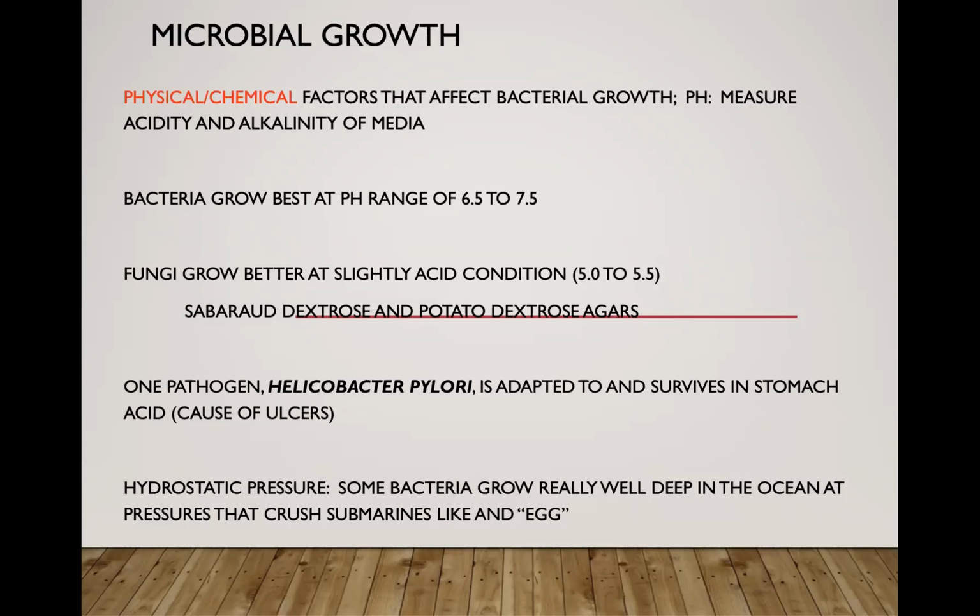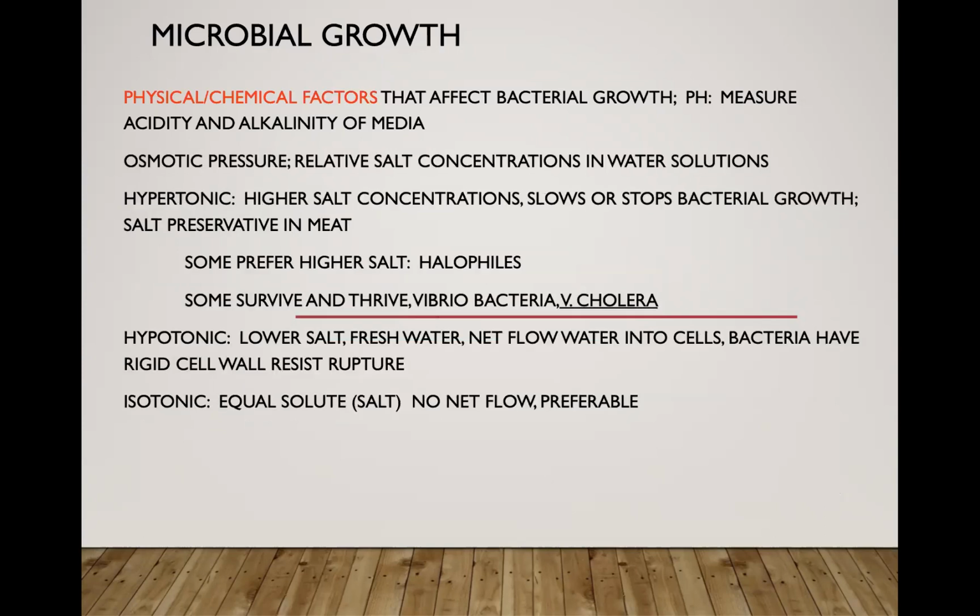So we're still looking at some physical properties that influence bacterial growth. We looked at temperature, we looked at pH. Other factors: osmotic pressure. We're talking about the relative salt concentration of a solution.